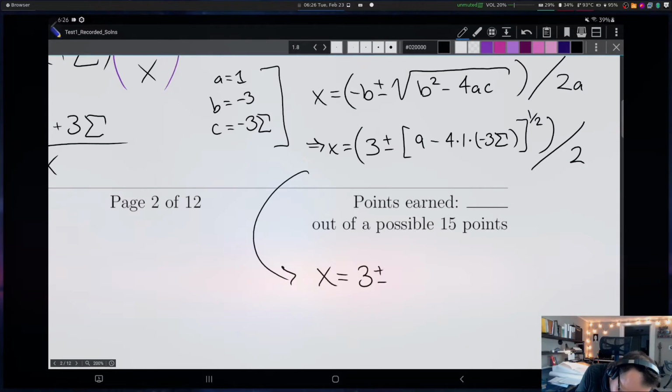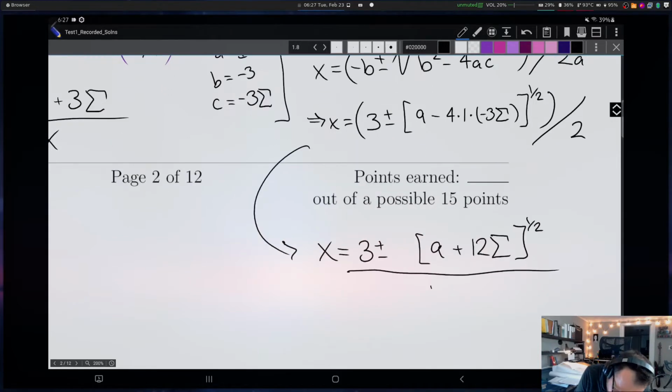So I see a 3 plus or minus, and there's a negative 4 and a negative 3 happening there. So I'm seeing a 9 plus 12 capital sigma. I raise this entire thing to the 1/2, I put this all over 2, and I think that is about all we can do here.